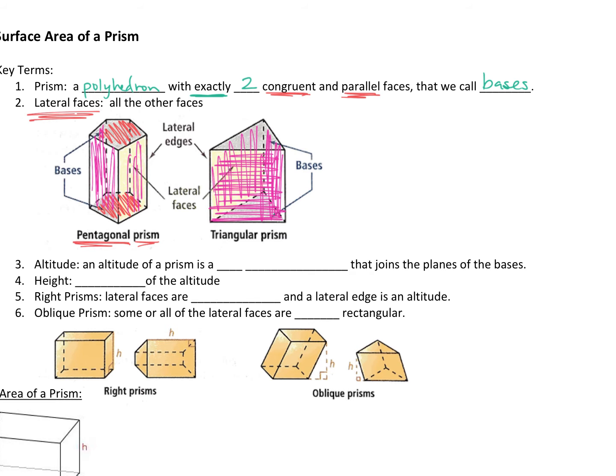But there's exactly two that are parallel and congruent in these, the two squares. So we don't want to call these our bases. Yes, you could still get there. It just wouldn't be the way we're going to get you there. But treat your bases as the two things that are identical and parallel.